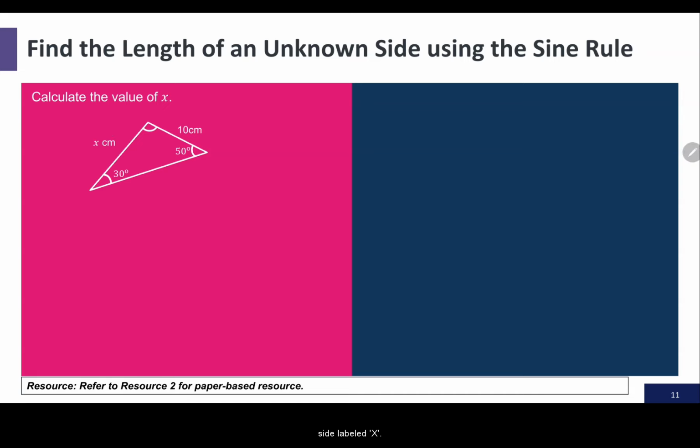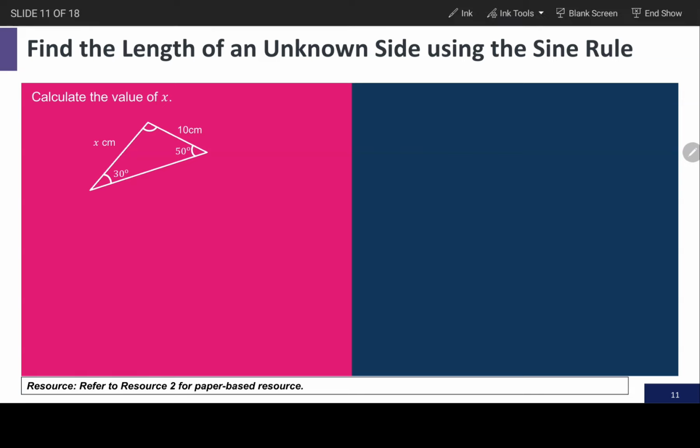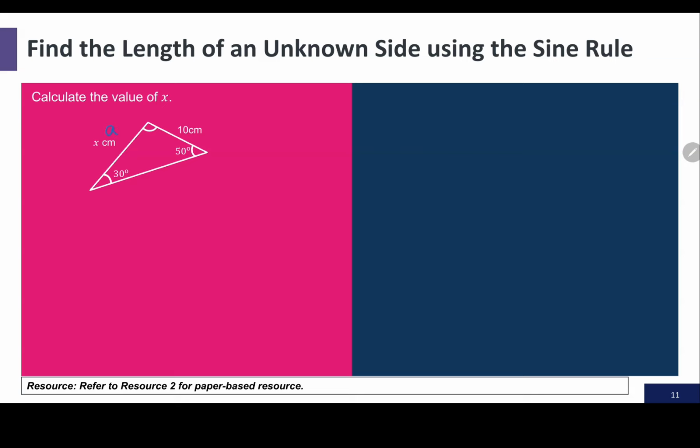The side labelled x, I'm going to call lowercase a. Therefore, the 50-degree angle shall be capital A. The 10 centimetre side is lowercase b. Therefore, the 30-degree angle is capital B. The final side is lowercase c. And the final angle is capital C.